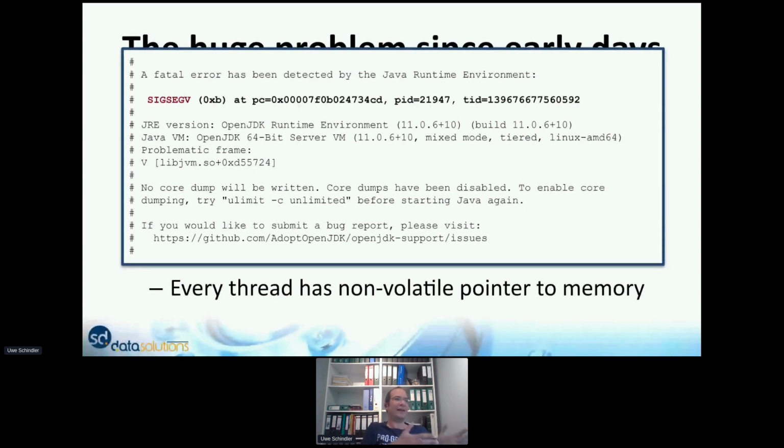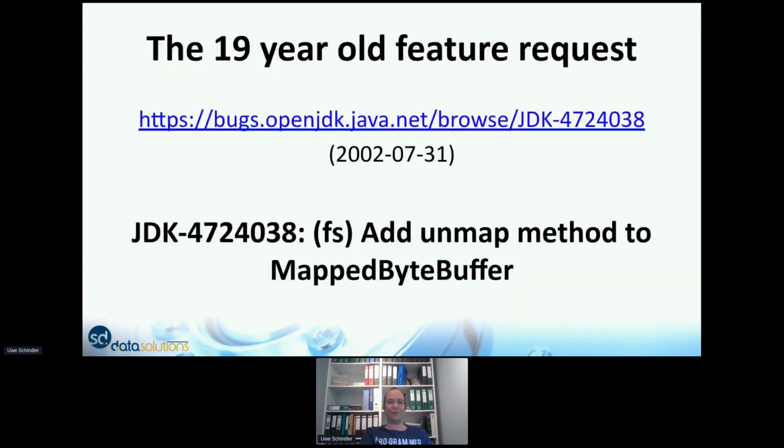It could be that a query is still executing in another thread. Thread A unmaps our memory, and the address gets invalid, but the other thread doesn't notice that, and accesses that address, and the Linux kernel says, no, you can't do that. I will kill your process. And because of that, we have to take care of that.